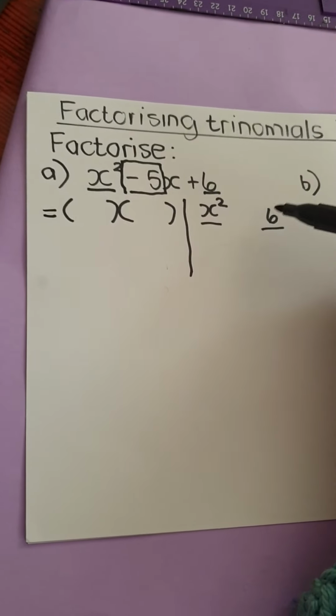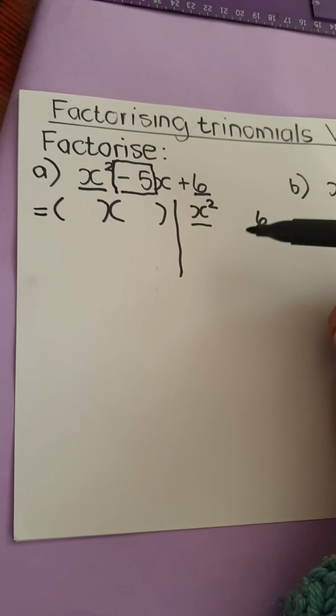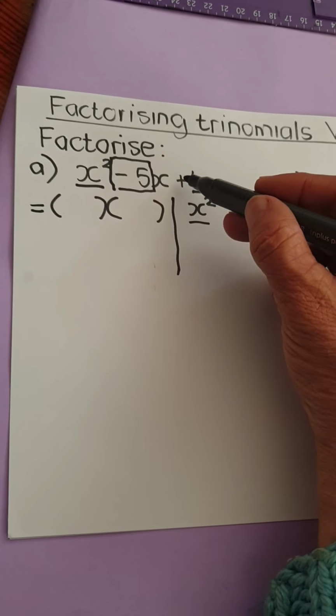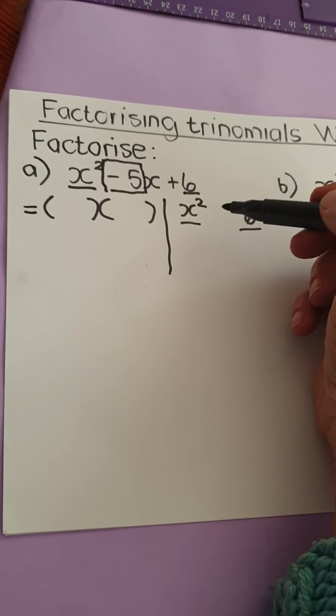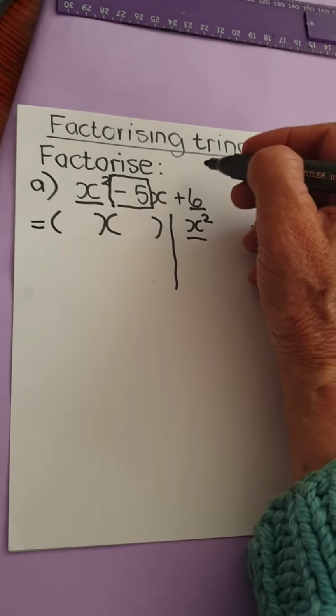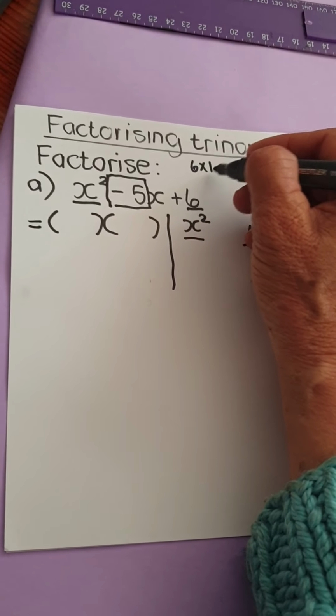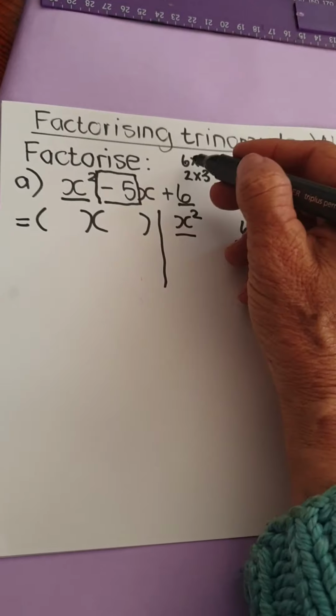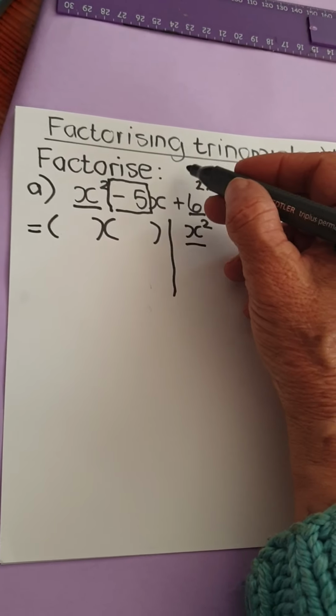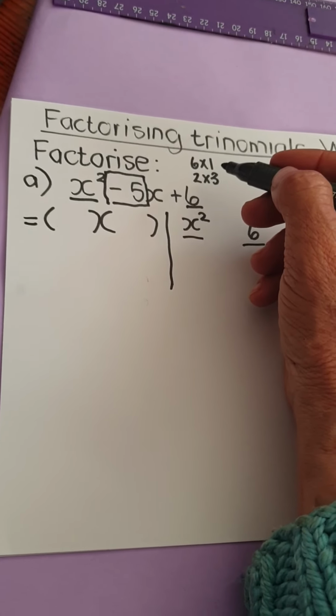So I have to look at factors of 6 that, when I multiply, give me a positive, and when I add, give me a negative. Factors of 6: 6 times 1, and 2 times 3. A plus times a plus gives a plus, and a negative times a negative also gives a plus.